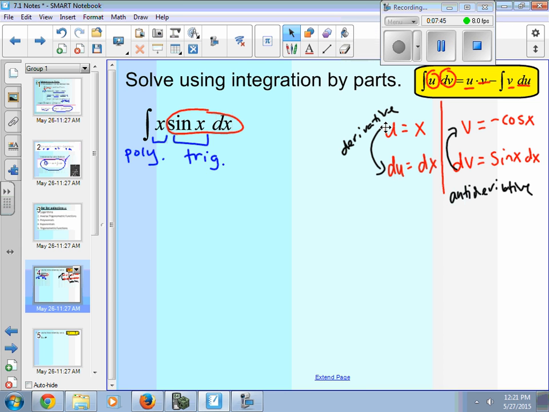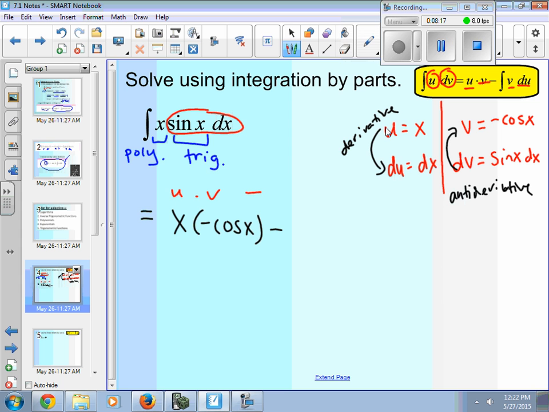So this integral is going to equal u. First thing we have to figure out is, what is u? If we look over there, u is x times v. So we look over on the other side to figure out what v is going to be. That's negative cosine x. Then the integration by parts formula says minus, so we're going to have a minus here.